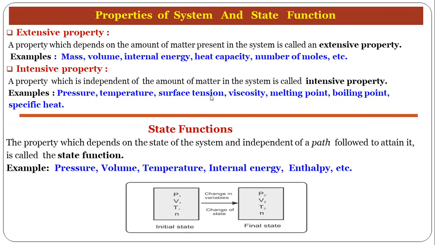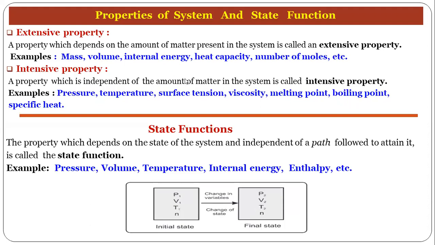Also, I gave one example yesterday. If you take 100 ml water and if you take 2000 ml water or 2 liters water, the melting point and boiling point remain the same. So these properties are independent of the amount of matter, and extensive property depends upon the matter. If matter is changed, then properties will be changed.